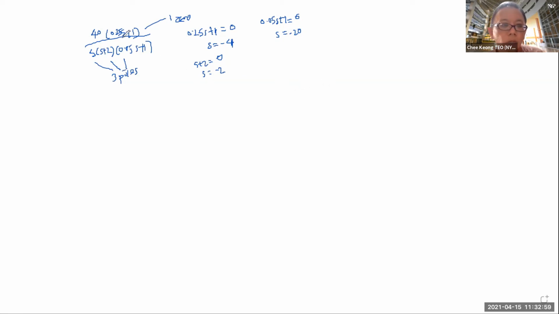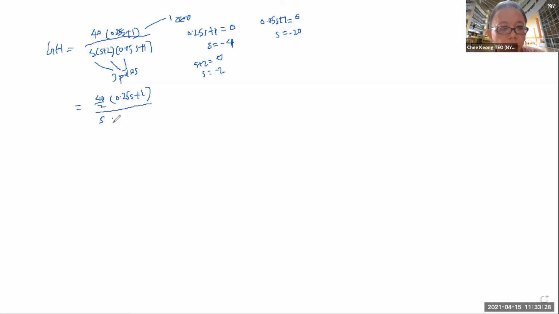Of course, if you want to normalize your G, your open loop gain, this is your GH, you may do so first. This one is already normalized, that's good. This one you want to normalize, you bring out a 2, so you have 40 divided by 2. 0.25 s plus 1 is the same, no change.